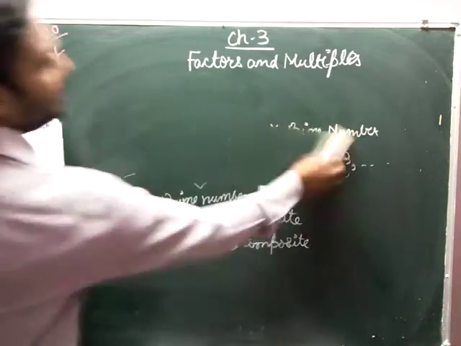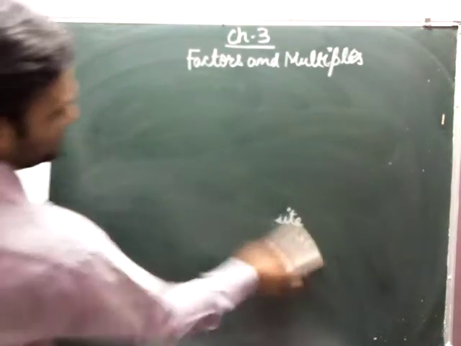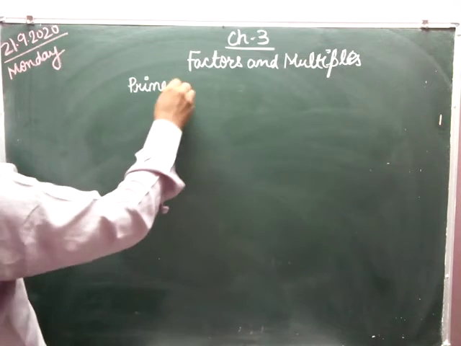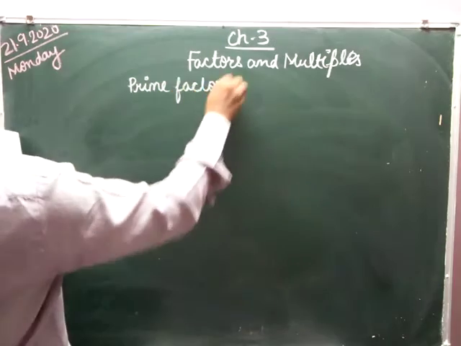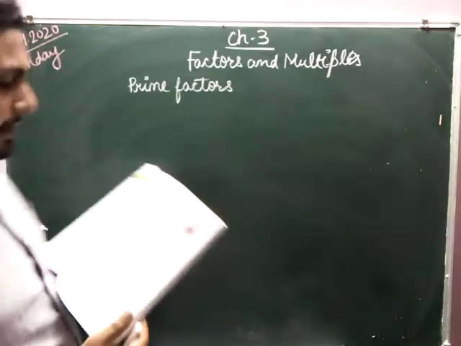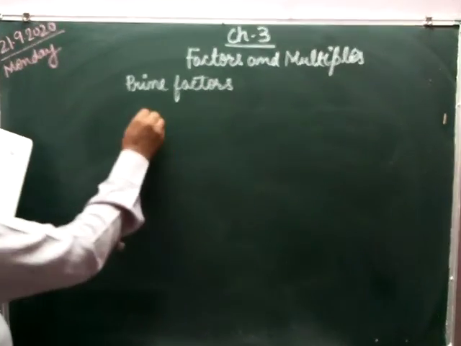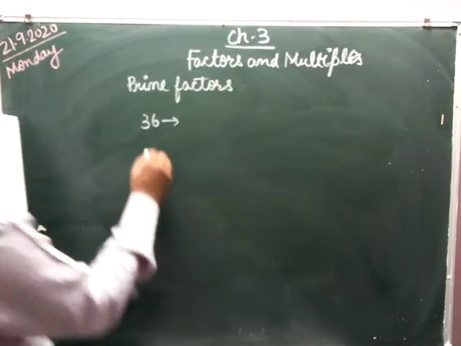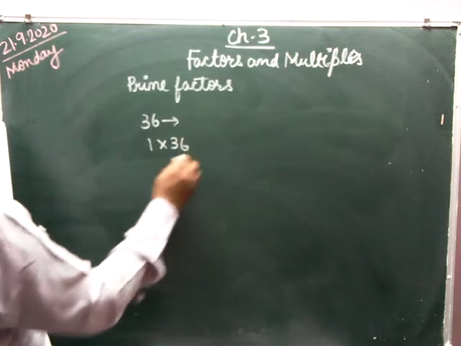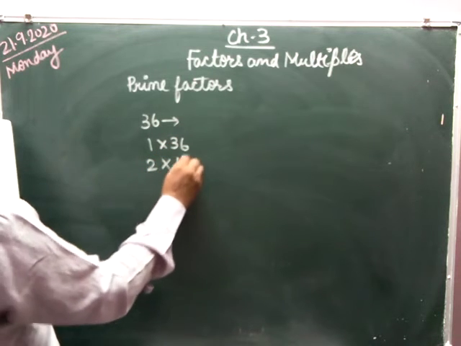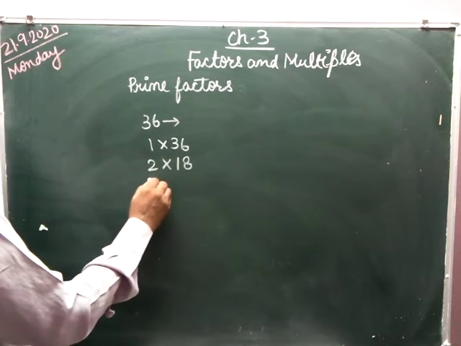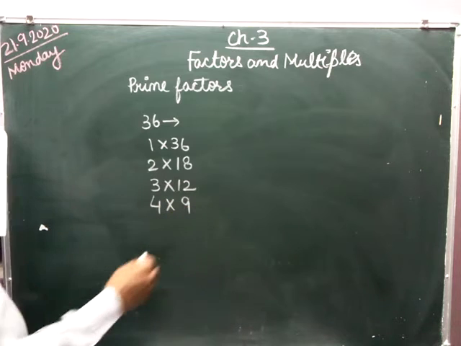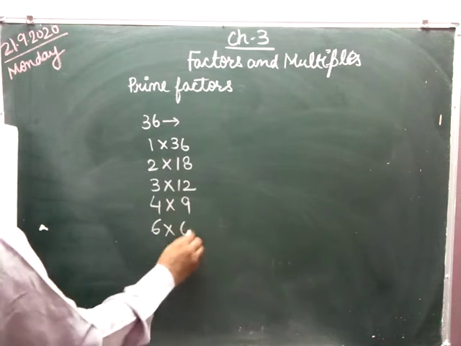Now, next we will discuss prime factors. Prime factors are the factors of a number which are prime. Suppose we take an example of 36. If we find the factors: 1 multiplied by 36, 2 multiplied by 18, 3 multiplied by 12, 4 multiplied by 9, 6 multiplied by 6.